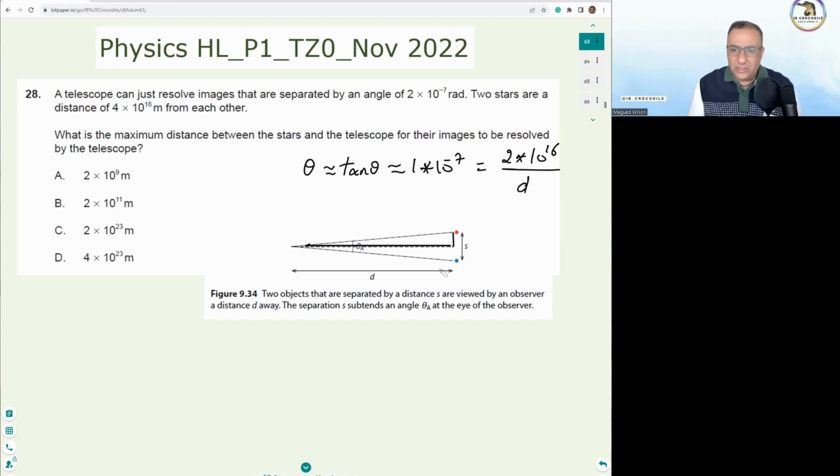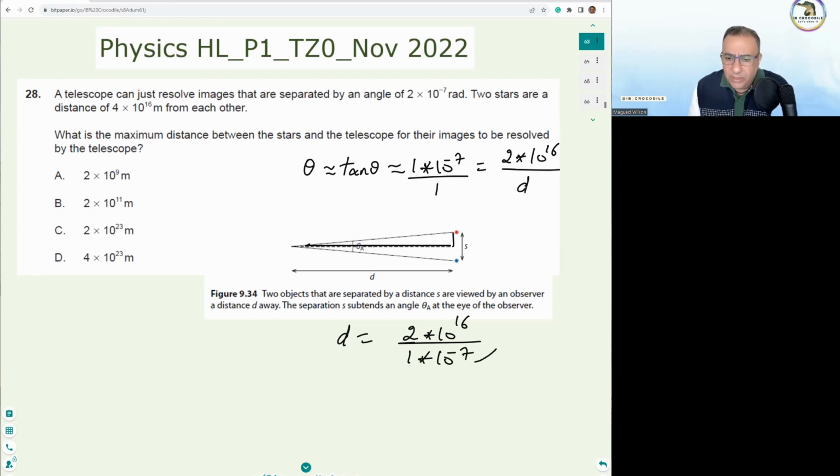Okay, so we can just do cross multiplication here. So d times this number equals 1 times 2 times 10 to the power of 16, which means d has to be 2 times 10 to the power of 16 over 1 times 10 to the power of -7.